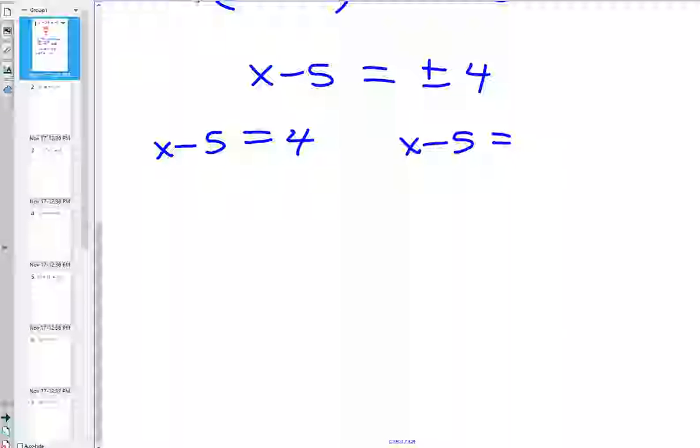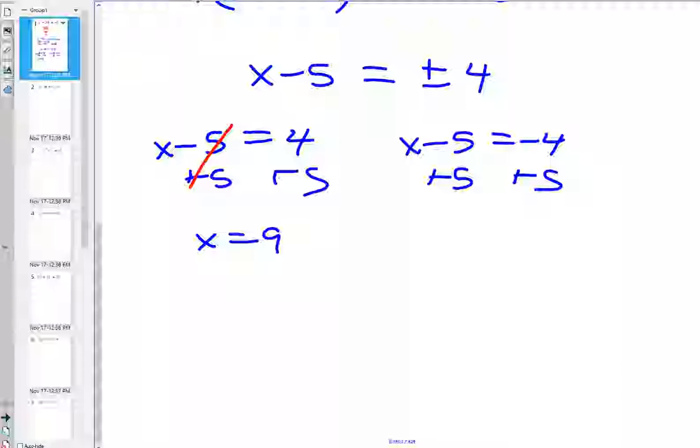X minus 5 is equal to negative 4, plus 5, plus 5. So x equals 9, plus 5, plus 5. X equals. Any questions there?